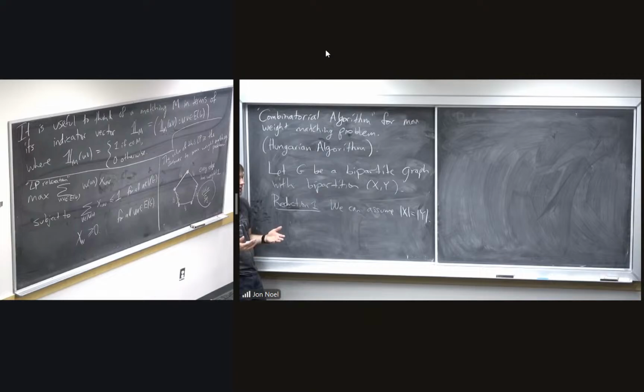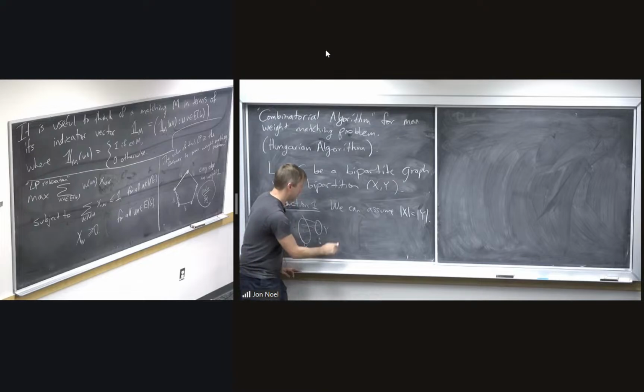And this is for fairly stupid reasons, because if they weren't equal, let's say X is way bigger than Y, and there are some edges here and whatnot, well, I could just add more vertices. Now I make them the same size. So that's literally all you do.